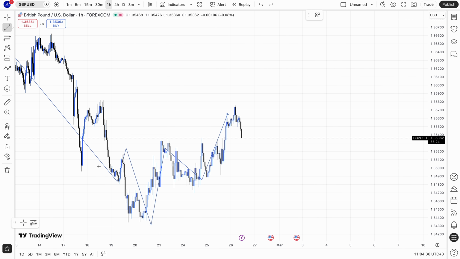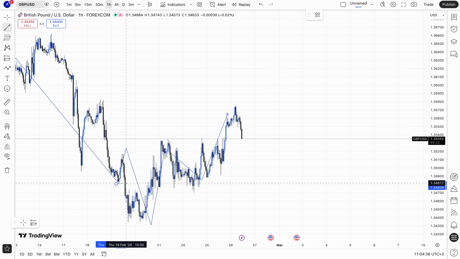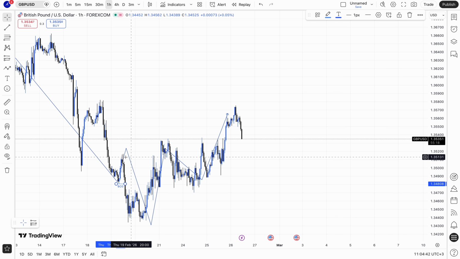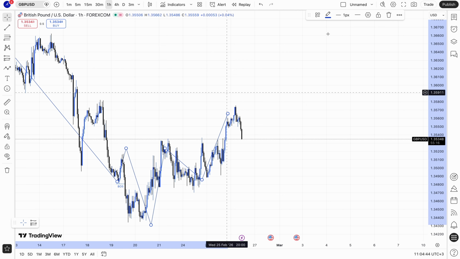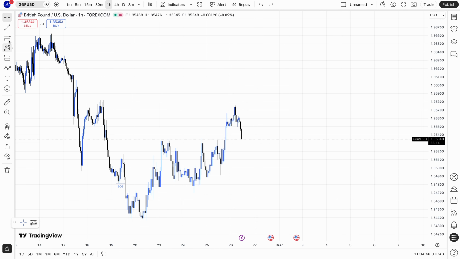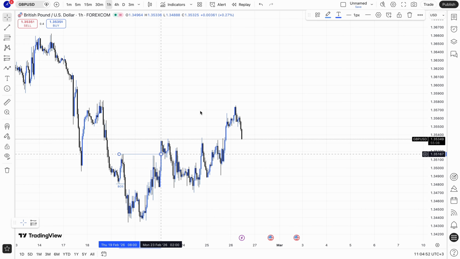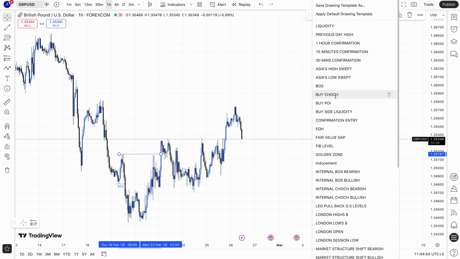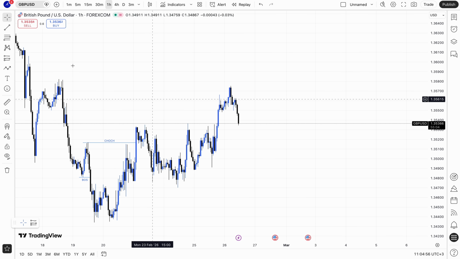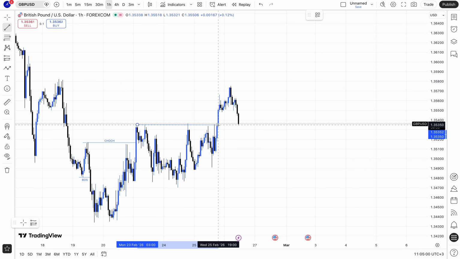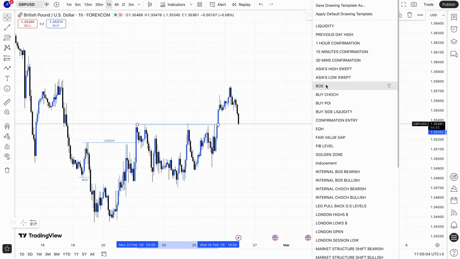So you can see this was our last break of structure to the downside. And then this is our change of character to the upside, and then this is our break of structure to the upside, external structure.